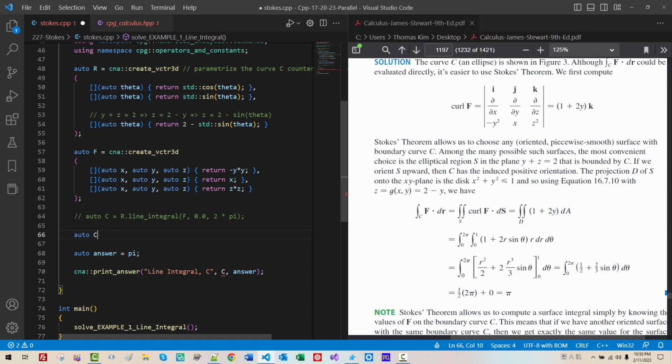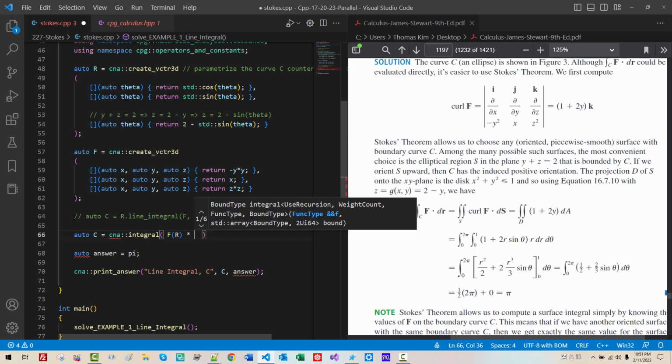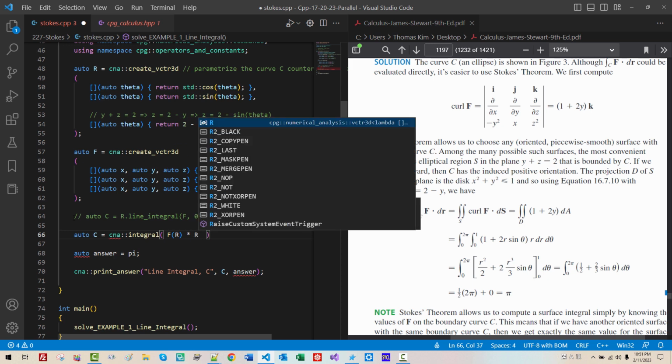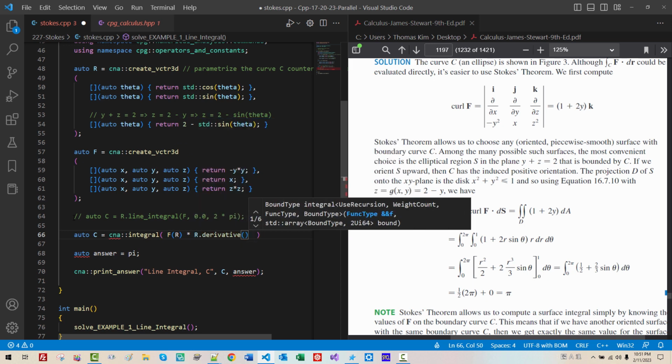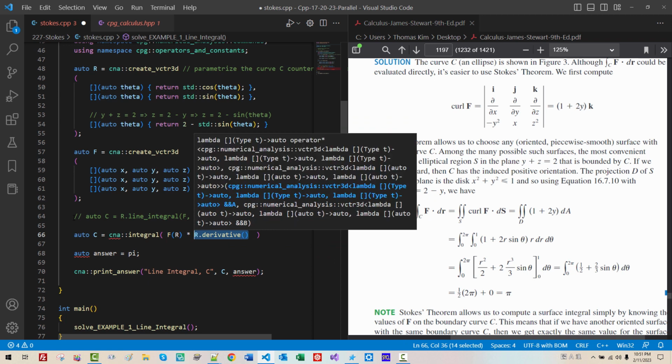We have to pass the integrand, F of r, this is dot product, r derivative. This is dr. r dot derivative represents dr.